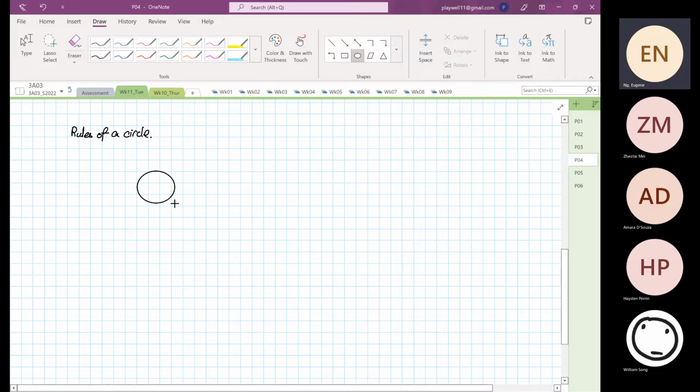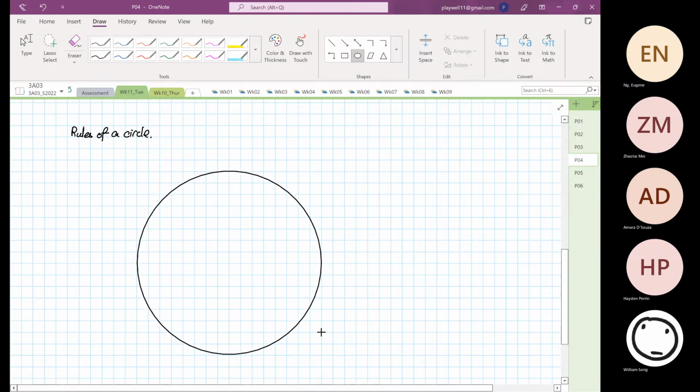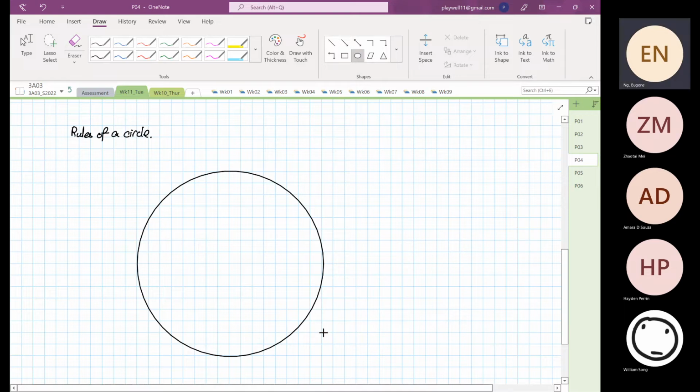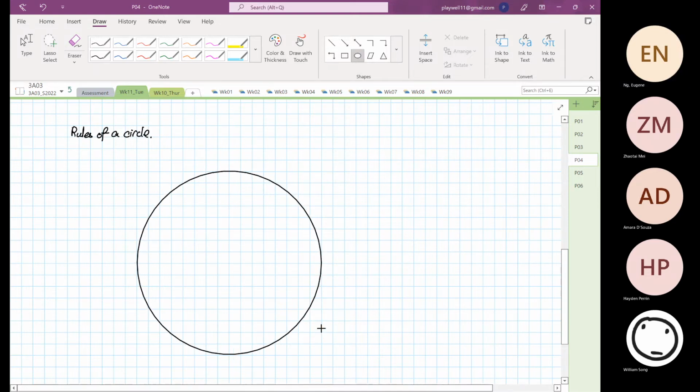Okay, so I'm drawing a circle now. This is a circle that I've drawn, and over here, by observation, I'm going to call point O the center of our circle. Is it the center? Yep, spot on.